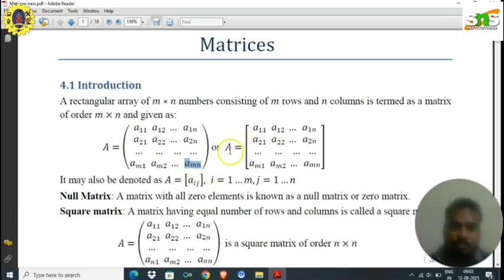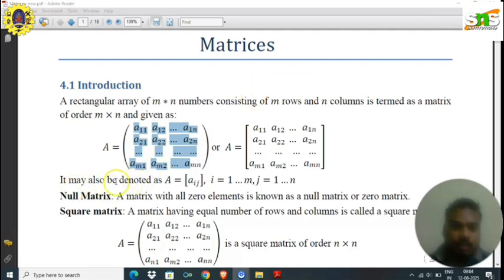So the matrix is usually described by a capital letter A, and the elements are described as follows. The first row first element is A11, and the first row second element is A12, etc., up to the first row nth element, that is A1n.